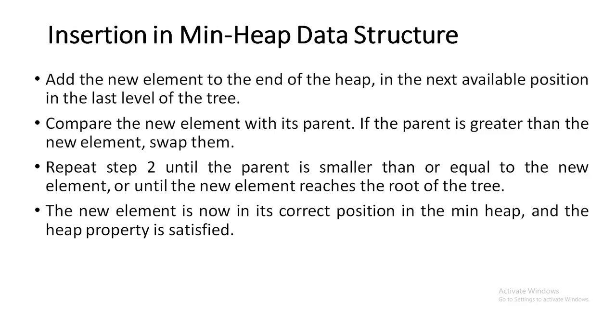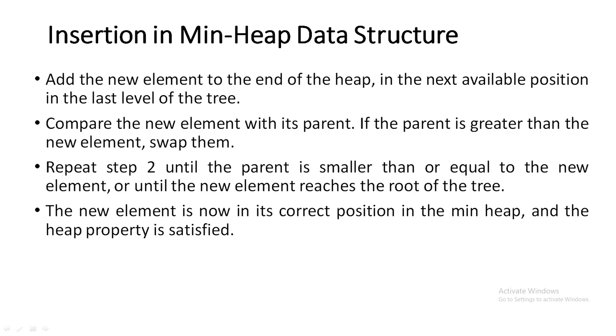For insertion in the min heap, if a new element is added, the elements are ordered in level order traversal only. The next available position is filled with the new node, but we need to verify the heap property.